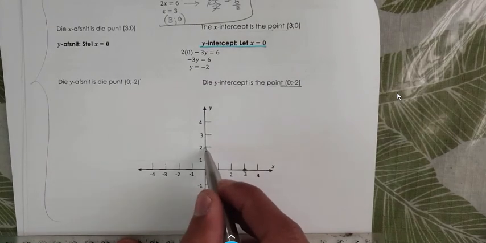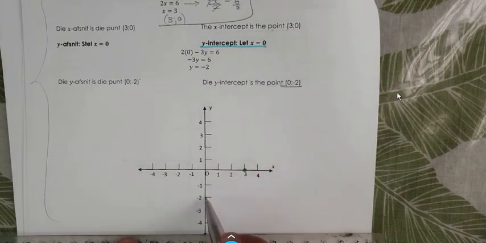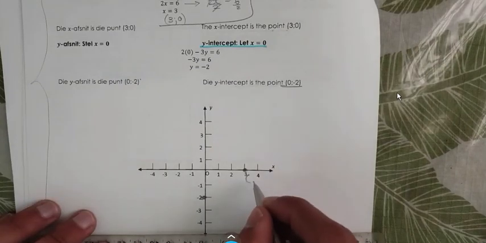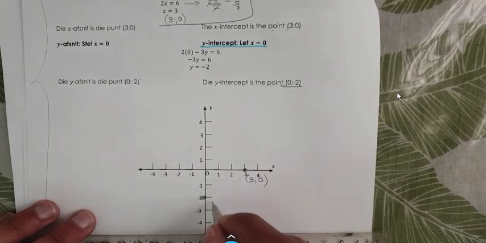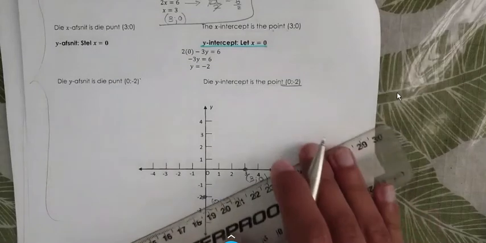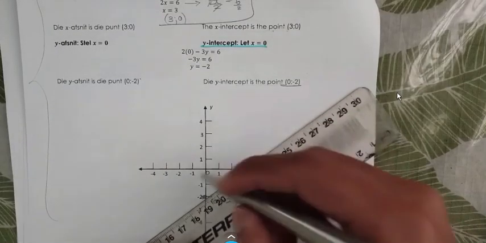Am I going there? Am I going down? Yes. Like that. That one is 3 and 0, and this one is 0 and negative 2.